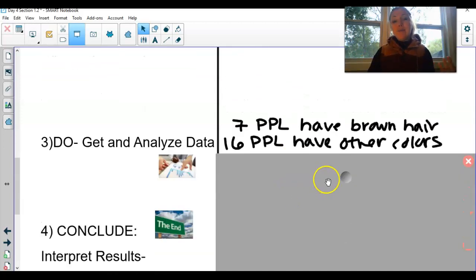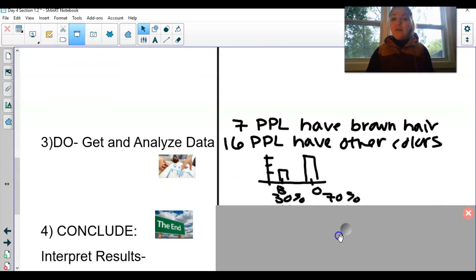And then when you analyze your data, oftentimes you have a graph, okay? So I did just a basic bar graph, and we're gonna have a whole unit on graphing, but the basic bar graph, many of you have seen that before, and I just went my x-axis, my y-axis, and I did it as a real quick sketch.